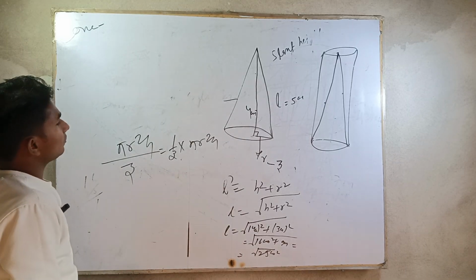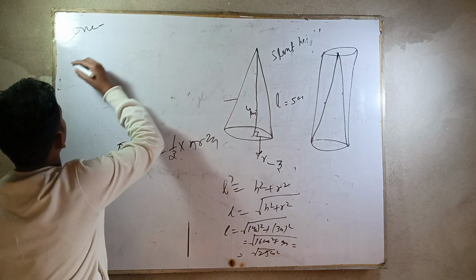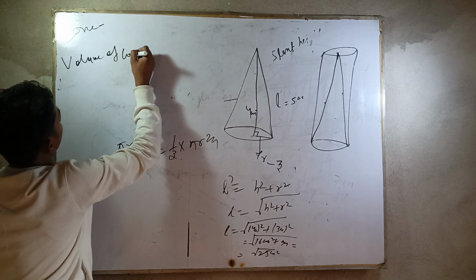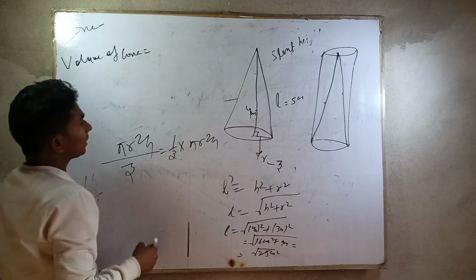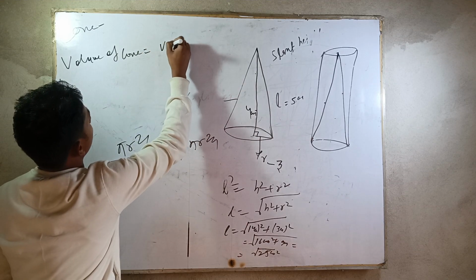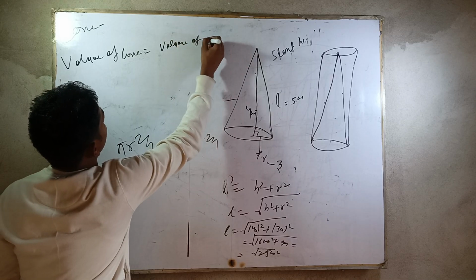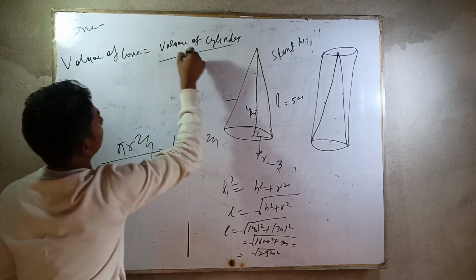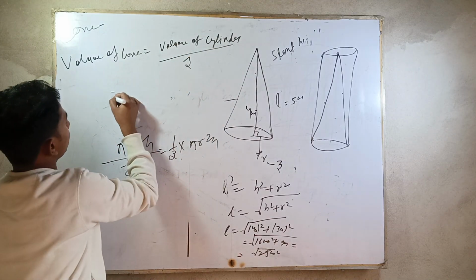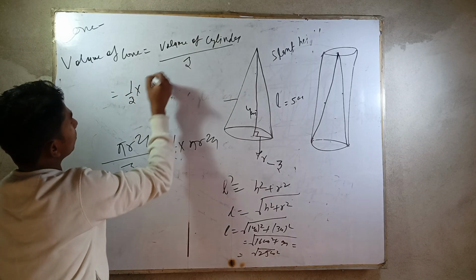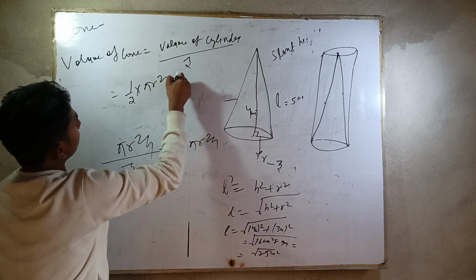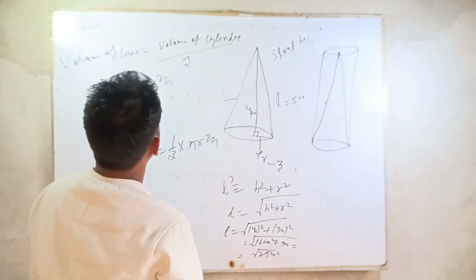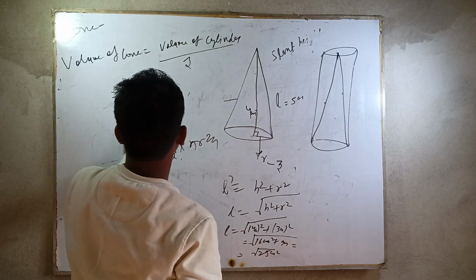So the volume of the cone equals the volume of the cylinder divided by 3, where the volume of the cylinder equals pi r squared h. In the same way, if h is given, I need to find its volume.